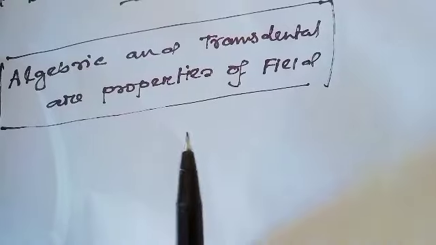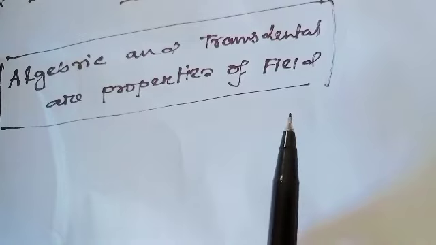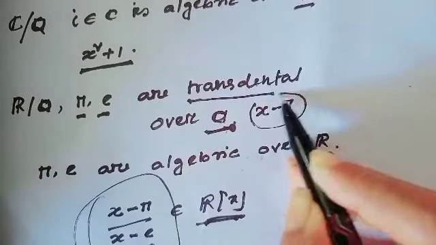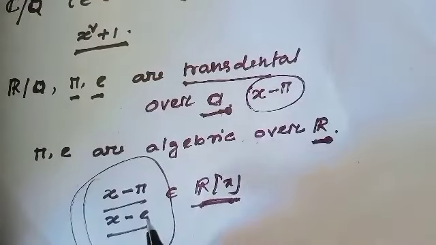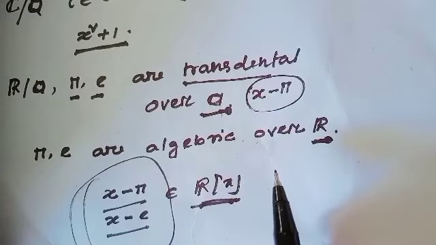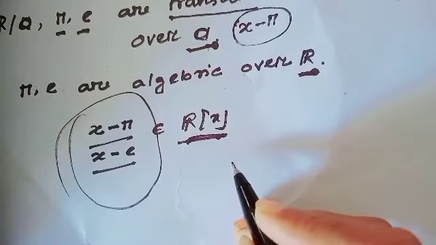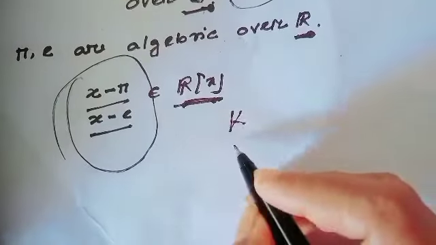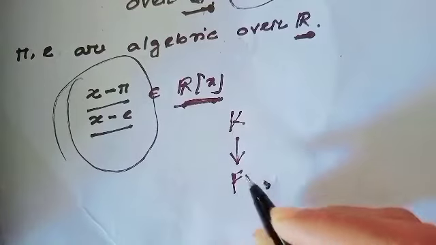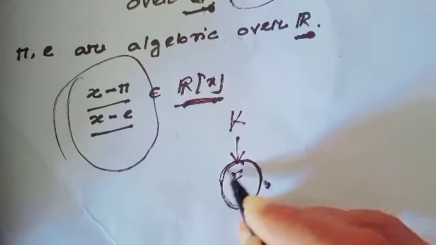So algebraic and transcendental are properties relative to the field, because the equation x - pi is transcendental over the field Q, but in R[x], x - pi is an algebraic equation over the field R. So when there exists an extension field K, there obviously exists a base field F, and all of this depends on the base field.